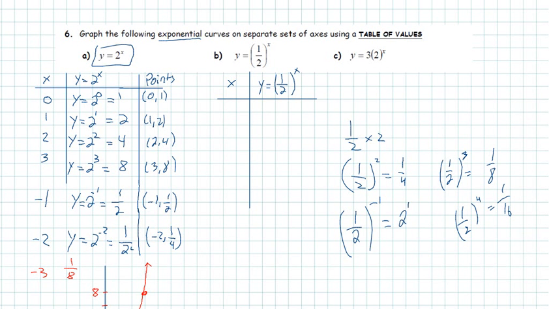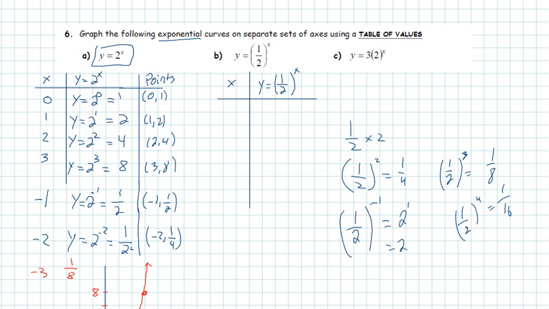So if I pick negative numbers, now I flip my base. So my base becomes a whole number. So when you have bases between 0 and 1, you want to pick negative numbers. So this is when you are what we call math literate, because you know what values to pick. Because if you pick the other values, you're going to have a hell of a time trying to graph this.